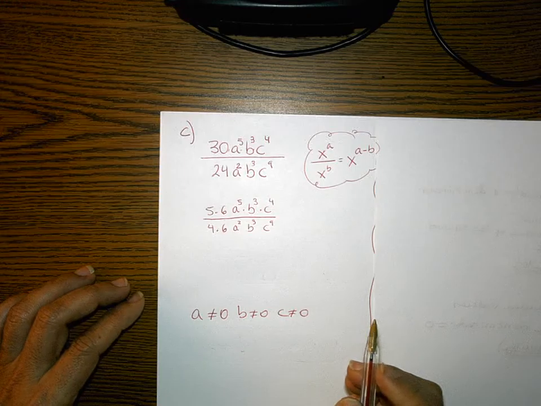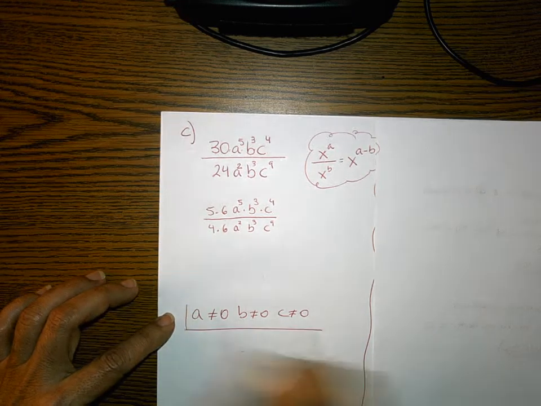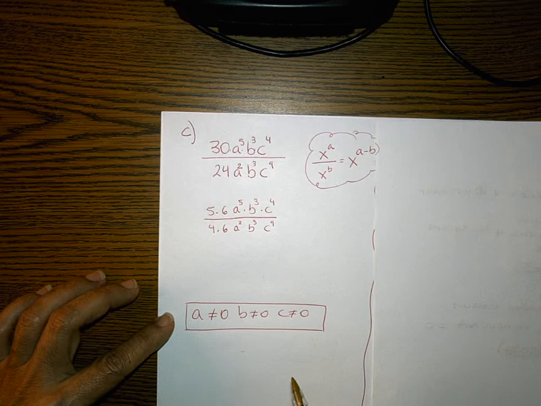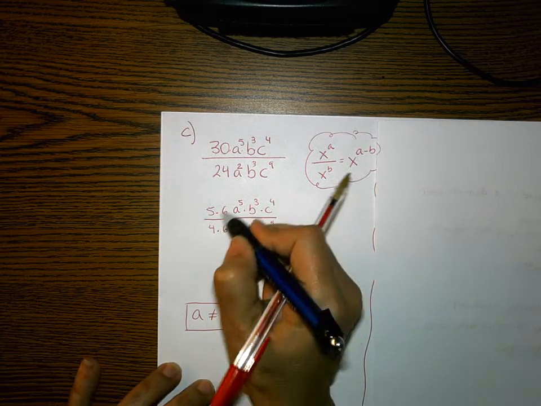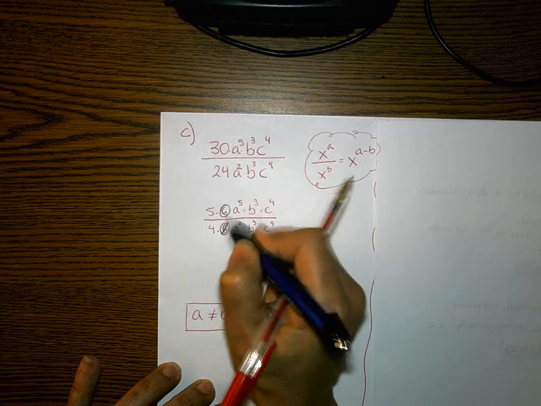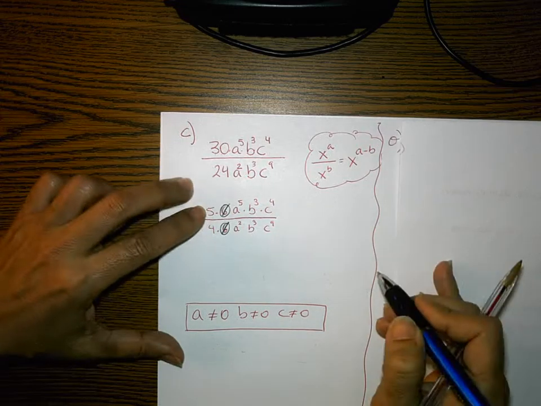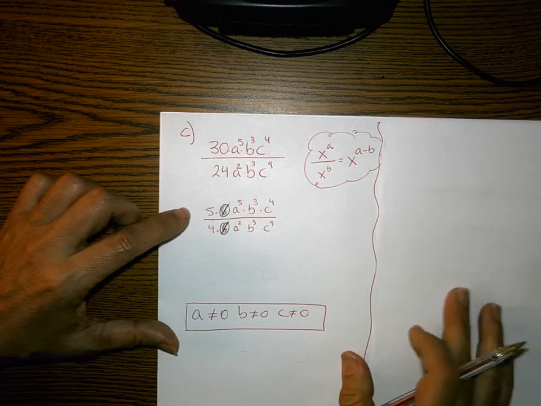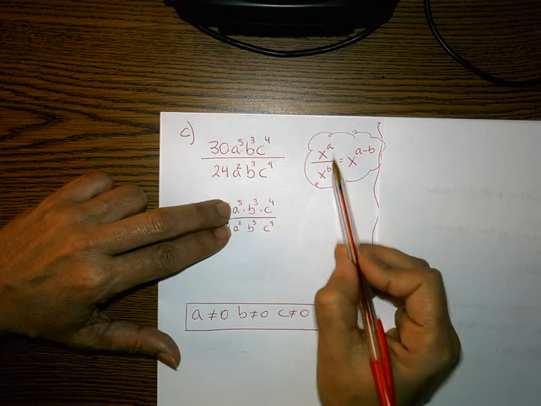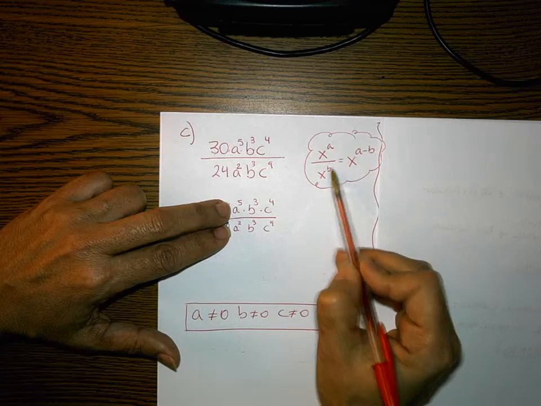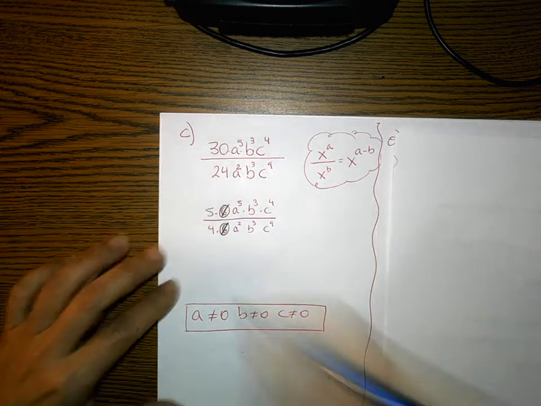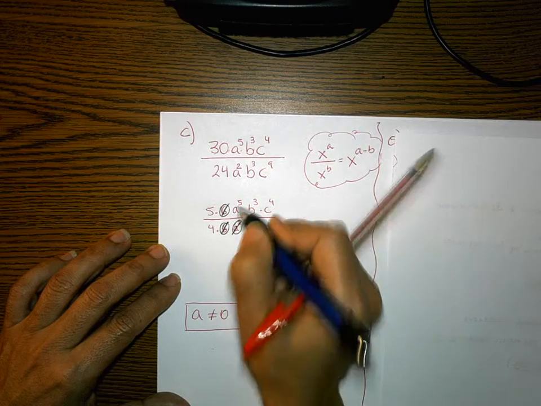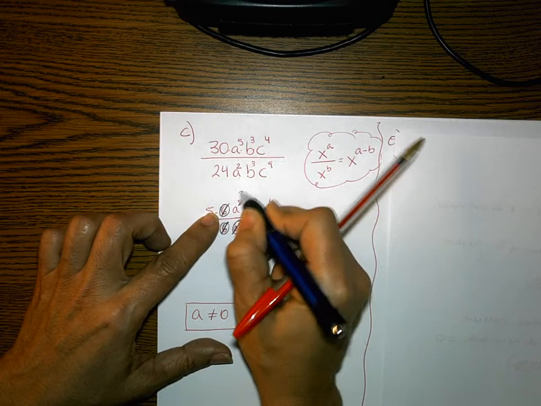All right. So now that I determined that these cannot be zeros, I'm going to go ahead and reduce all the common factors. The 6s are common, so we're going to reduce them. I'm going to use this rule of exponents right here that says I can subtract the denominator exponent from the numerator exponent. So 5 minus 2 is going to become a 3.